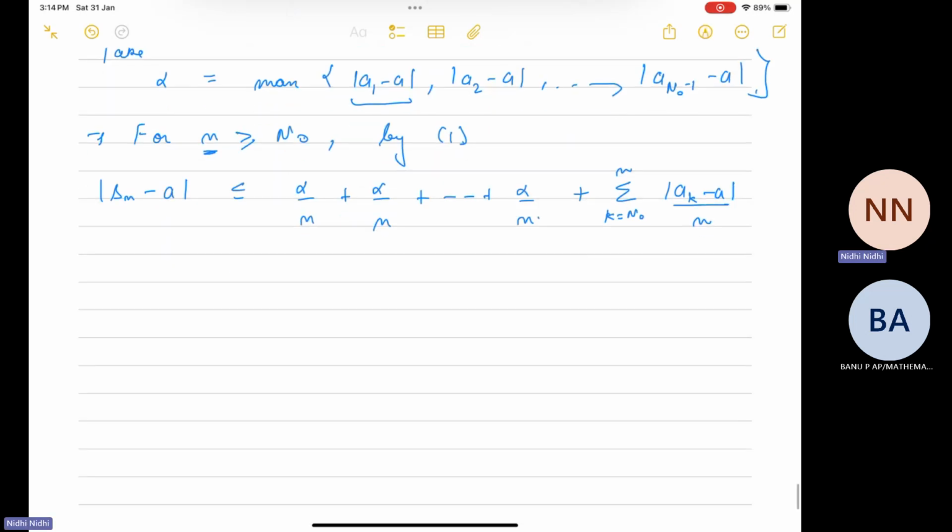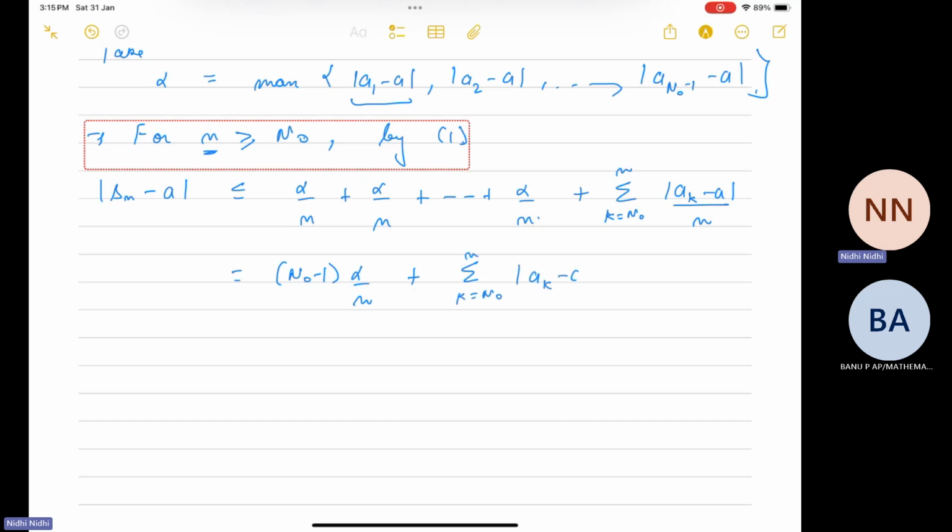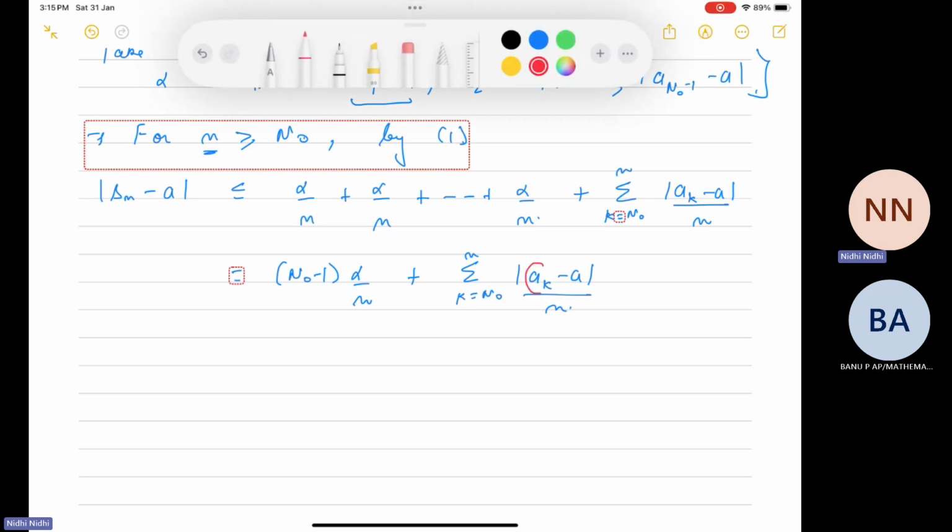Now this is n naught minus 1 times alpha by n plus summation k from n naught to n of mod ak minus a upon n. Now see the subscript here, this k is greater than or equal to n naught.